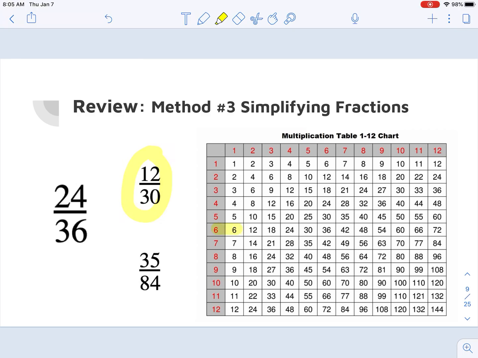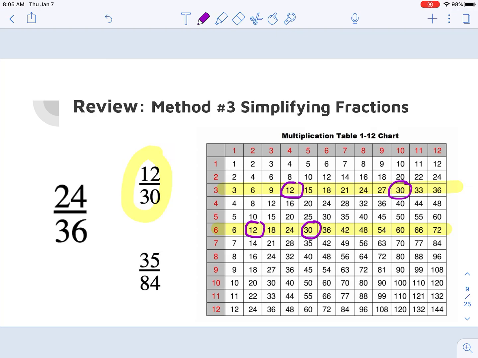Ooh, if I look at this row here, the 6th row, I see a 12 and I see a 30. Is there anything else? Here's another one. In the 3 row, I see a 12 and a 30. And in the 2 row there would be one too.